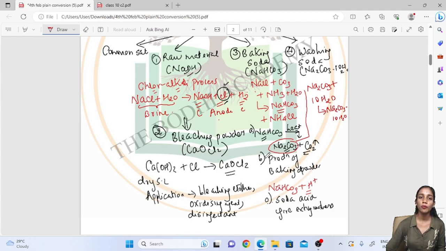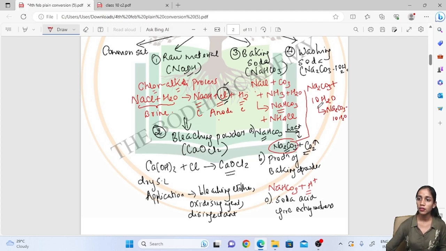The application is important. The question will be: baking soda is used for making crispy pakoras, why? You have to say that baking soda is chemically sodium hydrogen carbonate, and when it is heated during cooking, it leads to the production of sodium carbonate and carbon dioxide. This carbon dioxide which is released helps in making the food fluffy and also crispy. That's the reason it is used.